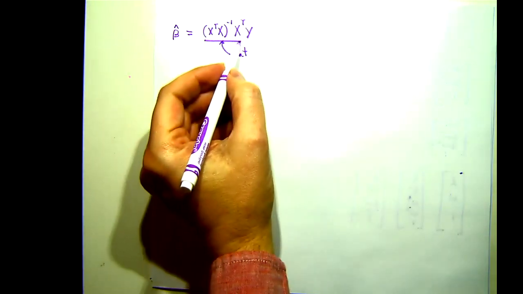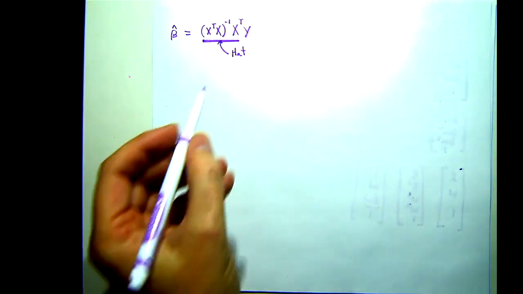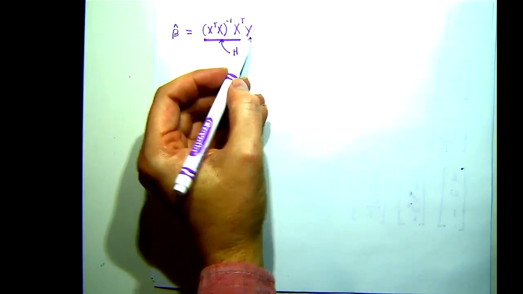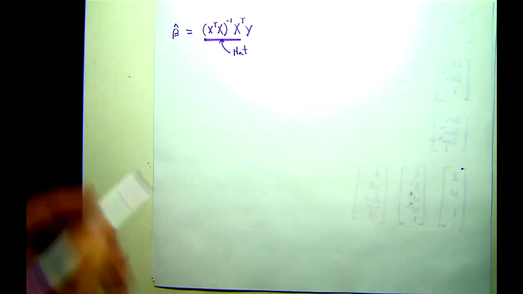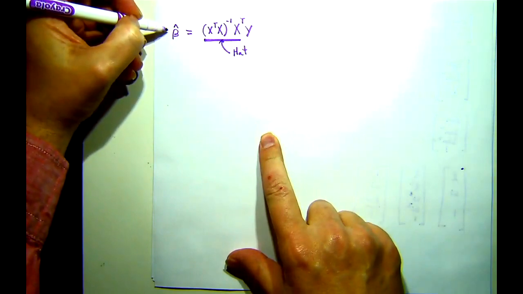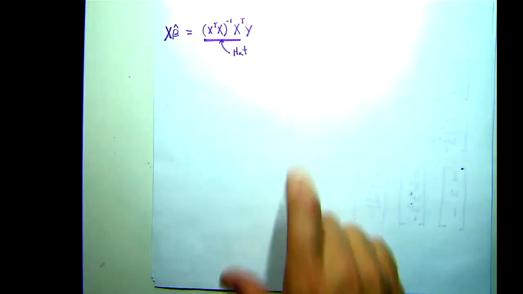The hat matrix is kind of an interesting thing. The first thing to notice about the hat matrix is that it basically says... where is this? I totally wrote the wrong thing here. This is X beta.